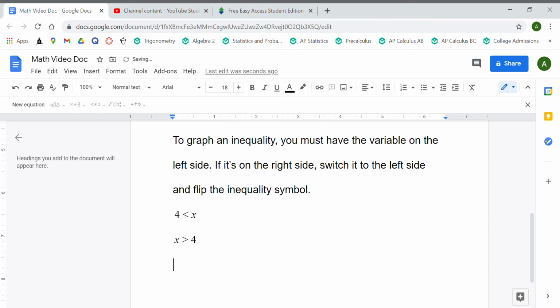Now I'm going to show you how to graph. Here are the steps. Draw a number line with the number in the middle.